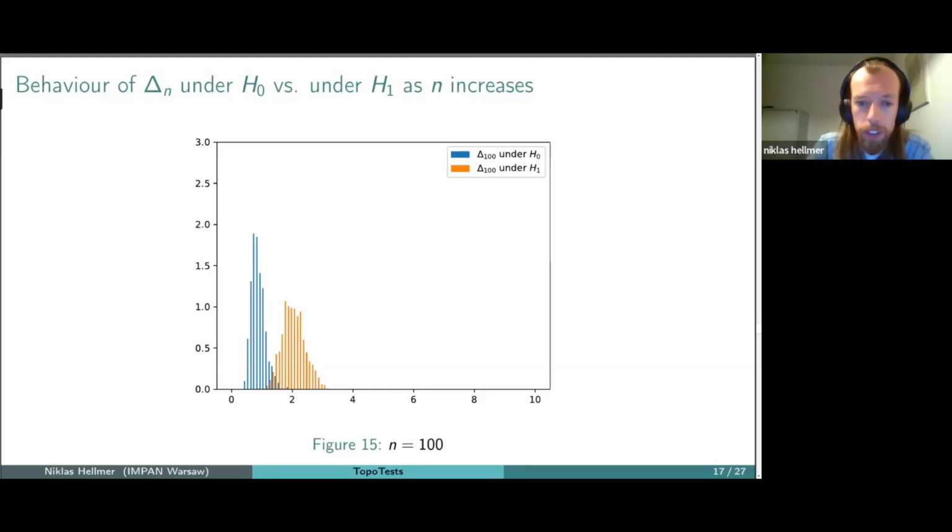I think here for H0 I chose the uniform distribution, and I'm just showing the distribution of the test statistic under the alternative, where this point sample was sampled from, I think, a kind of beta distribution, which is just the kind of thing that I showed you in the example earlier.